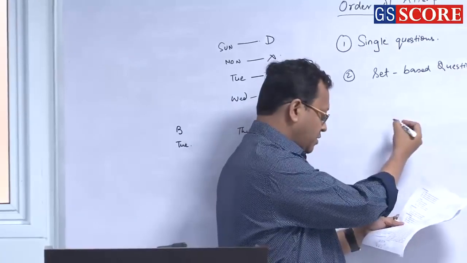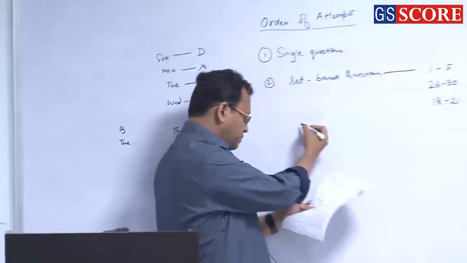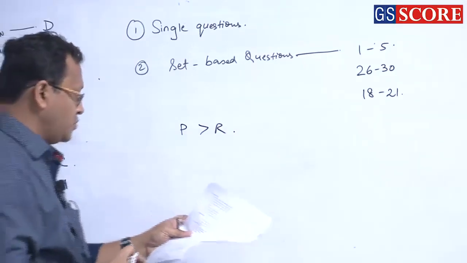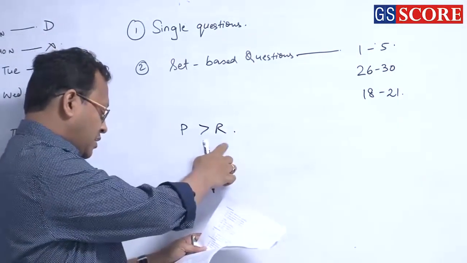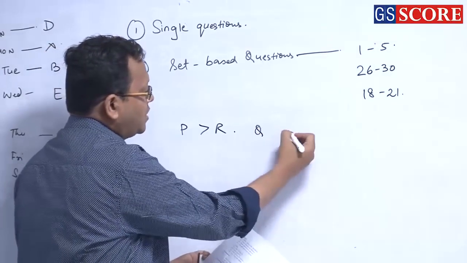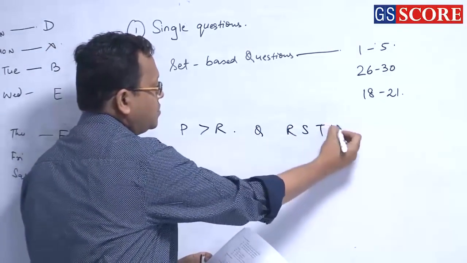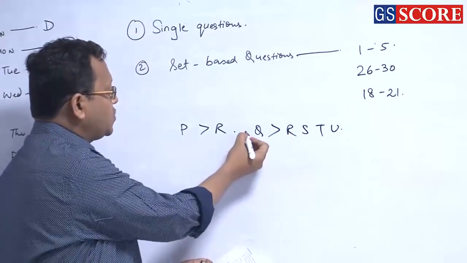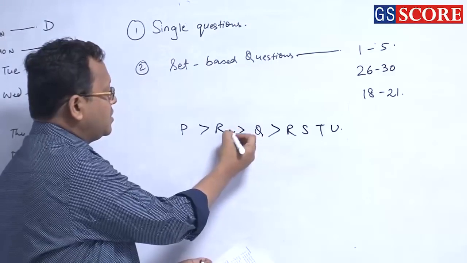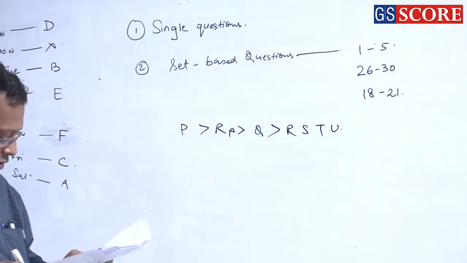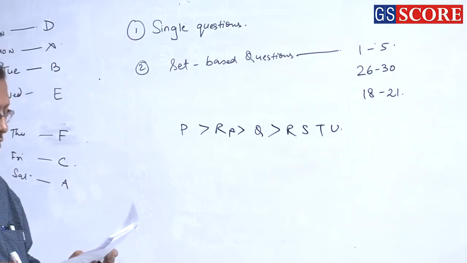He is the tallest because P is taller than R, but not shorter than T and U. So P has to be taller than R, and Q is taller than R, S, T, U, but not as tall as P. So Q is less than P. So P has to be the tallest. So the answer for that will be option D.